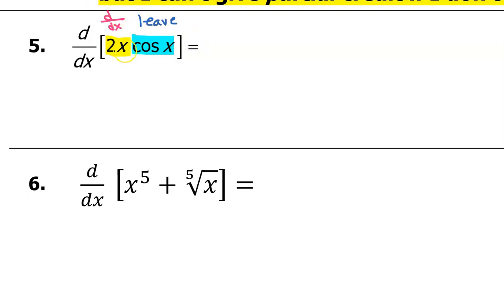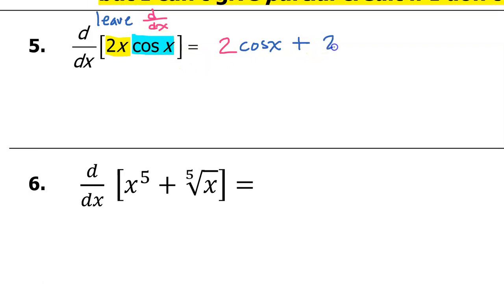So the derivative of 2x is 2. And I'm going to leave the second factor as cosine x. Then I do addition, and then I switch it. The second time through, I leave the first factor alone, and I take the derivative of the second factor.